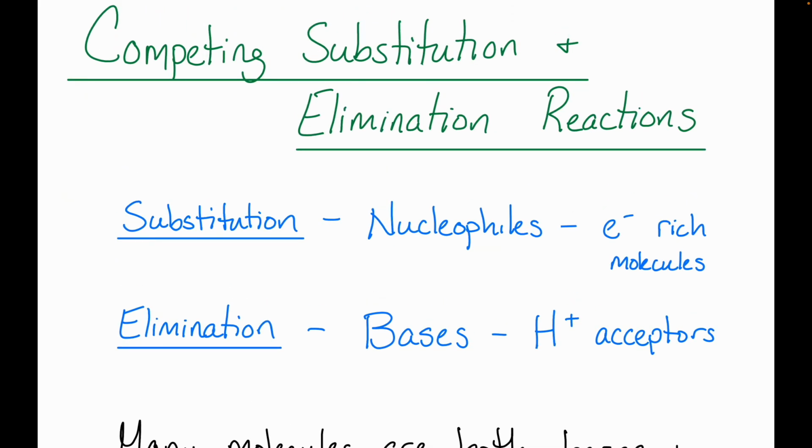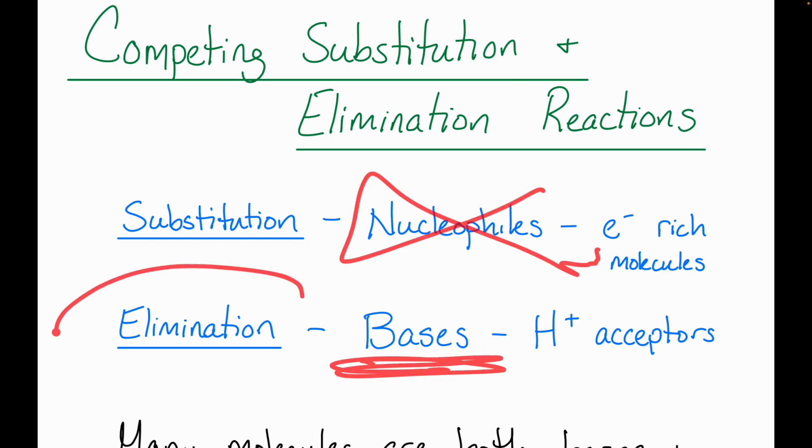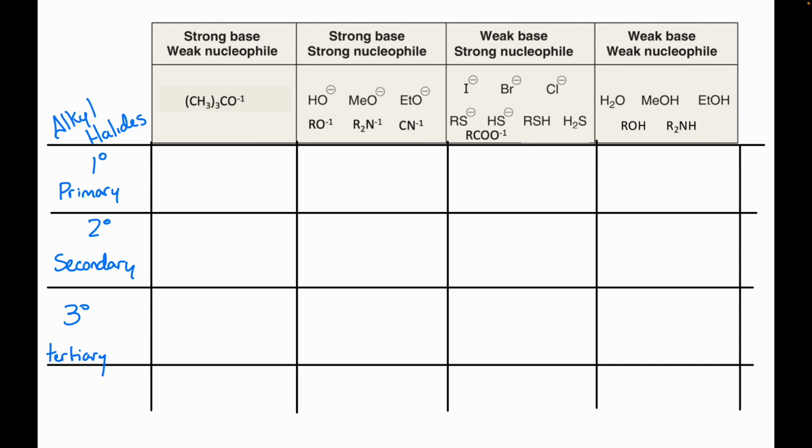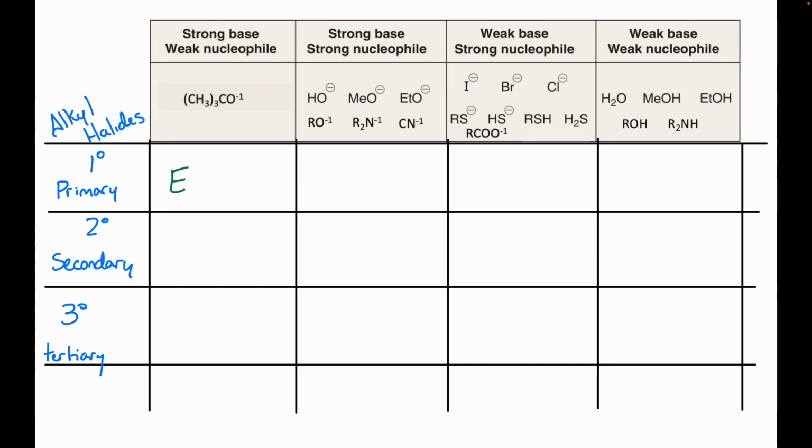Remember, elimination requires bases, substitution requires nucleophiles. So if something's a good base but a terrible nucleophile, that's going to undergo elimination reactions. All right, so our first category here of strong bases and weak nucleophiles, these are going to prefer elimination reactions.